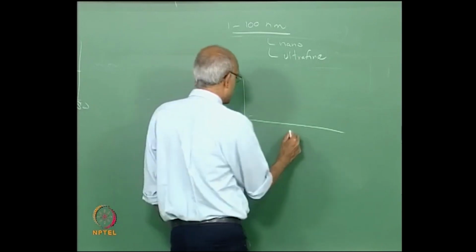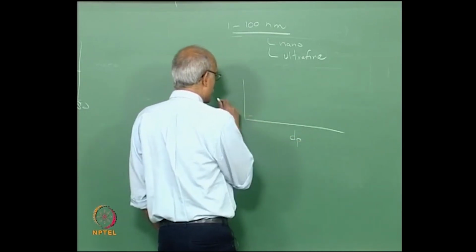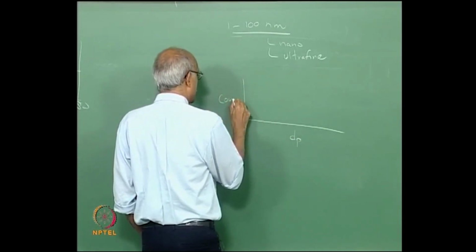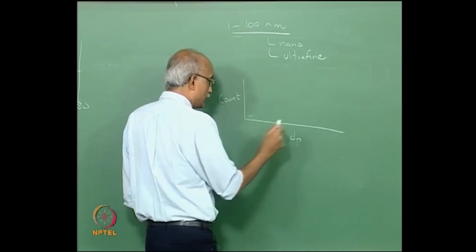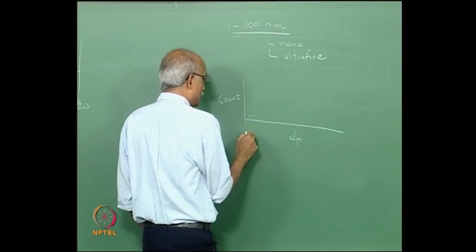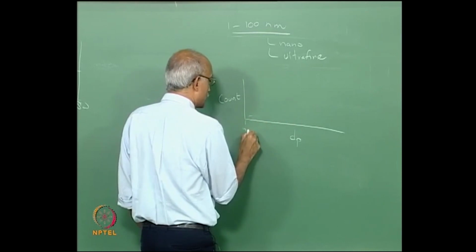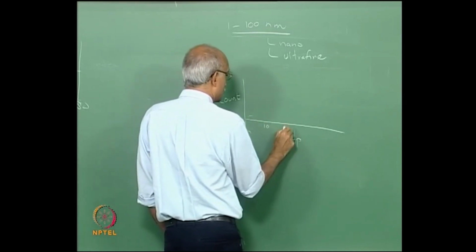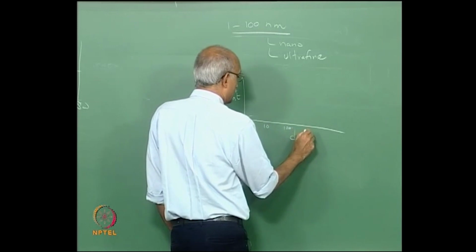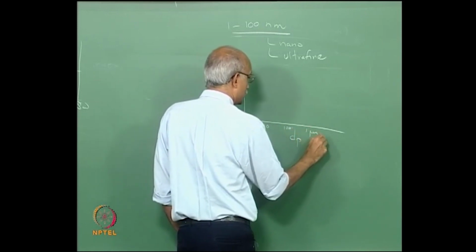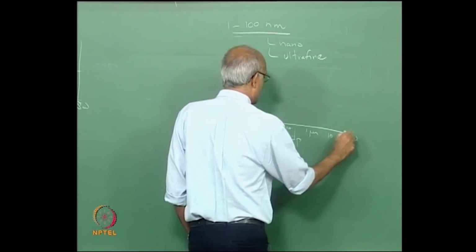So if you plot size on this axis versus, let's say, count on the vertical axis, and you plot this all the way from 1 nanometer, let us say, to 10, 100, 1 micrometer, 10 micrometers, 100 micrometers, and so on.